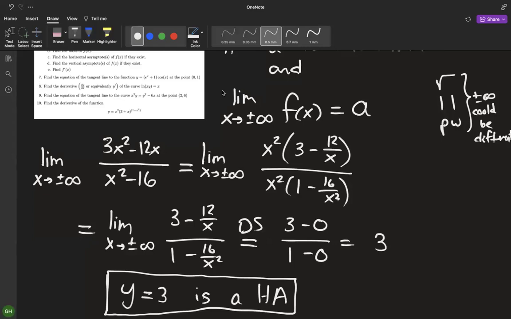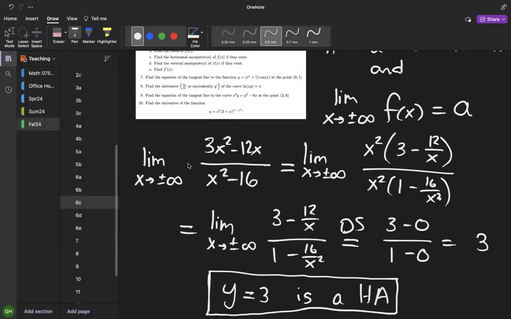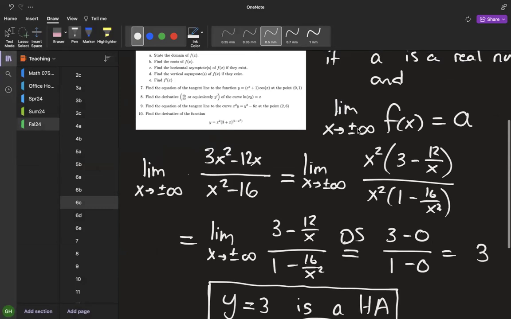Okay. Part D is the same thing but reversed. So for a horizontal asymptote, we have an infinite limit equaling a real number.